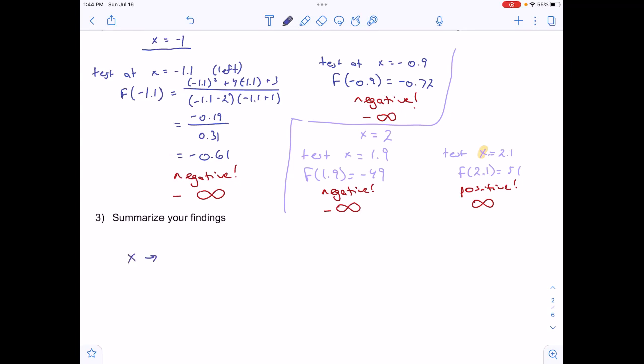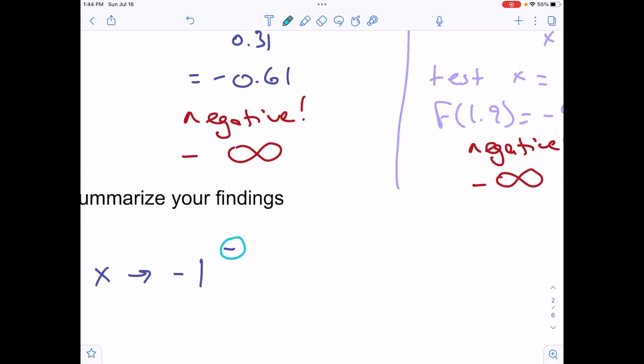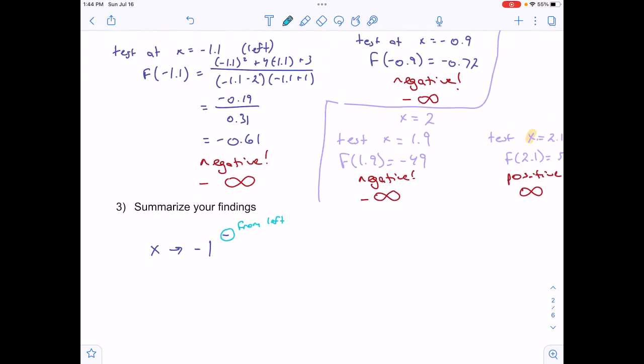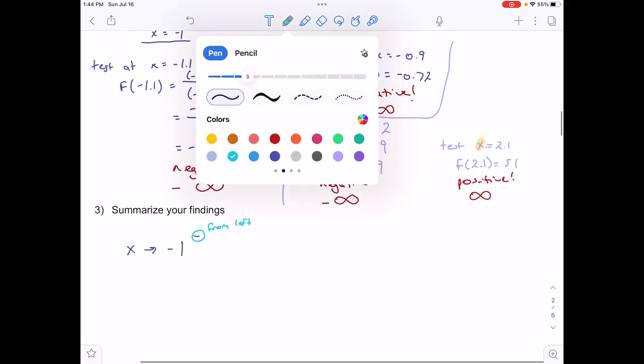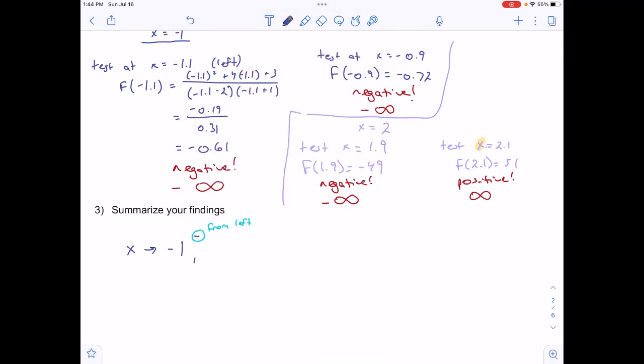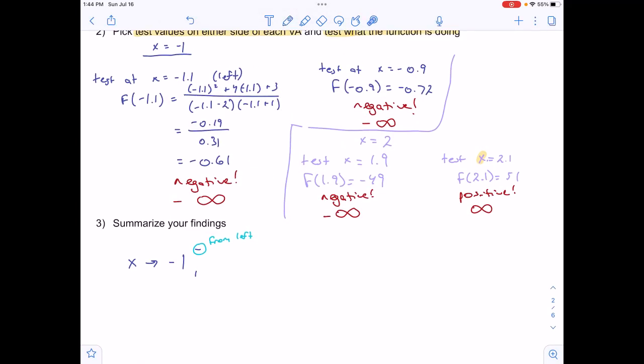As x approaches negative 1 from the left, that little negative sign up top here, this means from the left. So as x approaches negative 1 from the left, it was hitting down to negative infinity, so I'm going to write y approaches negative infinity.